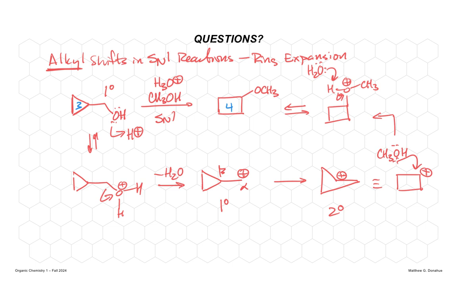If I show in blue, if you have just this bond opening up all at once, in a concerted fashion, it's not really going to form the primary, it'll just ionize and go right to the ring-expanded secondary. So the reason this happens is to relieve ring strain.